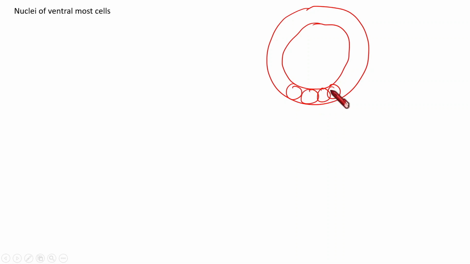As these cells receive a high amount of dorsal protein, these cells also will have a high amount of twist and snail protein, because dorsal activates these genes to form these proteins, twist and snail protein. So in these cells, in the nucleus, the concentration of twist and snail will be high.